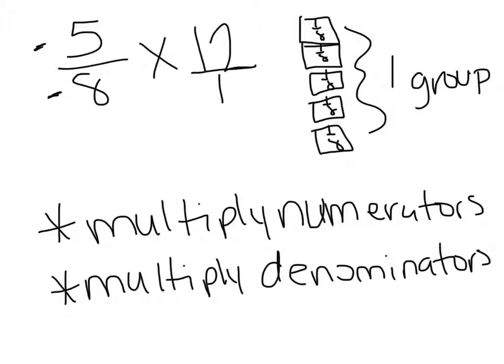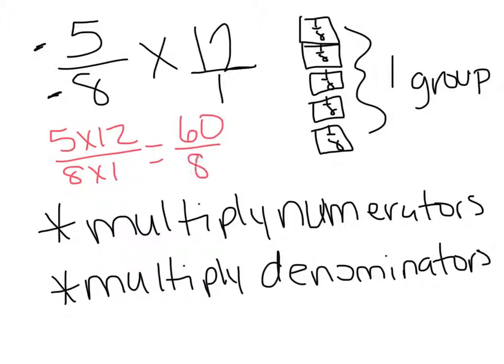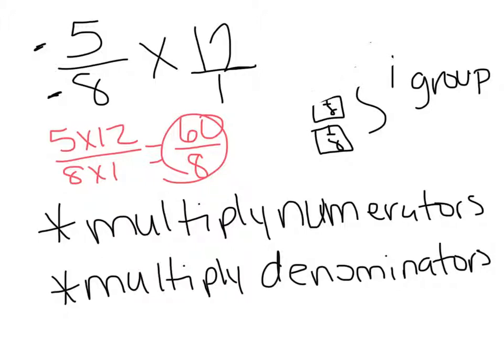So I'm going to go 5 times 12 and then 8 times 1. So that gets me 60 over 8. And since this is an improper fraction, I have to change it into a mixed number. I have to divide. So I'm going to take away my fraction pieces over here so I can go ahead and change that into a mixed number.